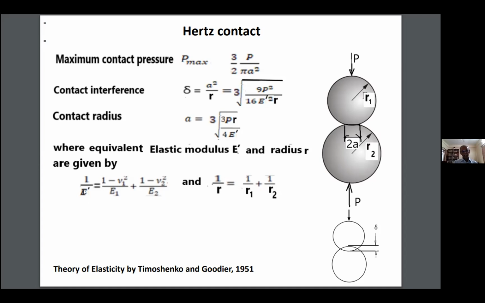As we said, the equivalent modulus E dash is given by 1 by E dash equals (1 minus nu1 square) by E1 plus (1 minus nu2 square) by E2. This we have seen before. But here we have introduced one more equivalent radius. If we replace this by a curved body and a flat plate, then it will have an equivalent radius of 1 by R equals 1 by R1 plus 1 by R2.